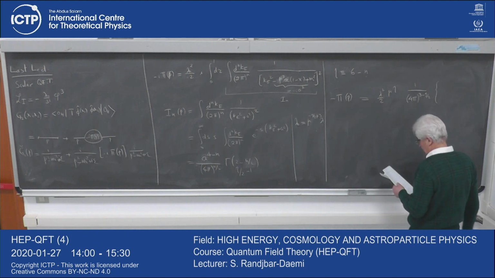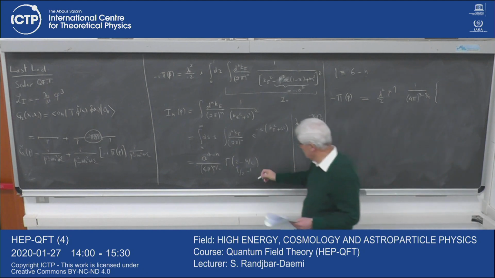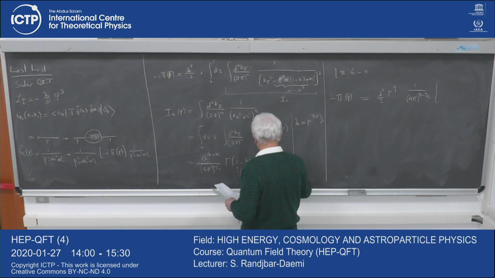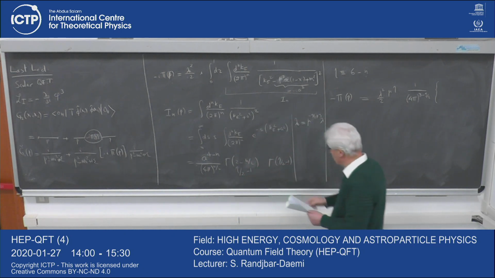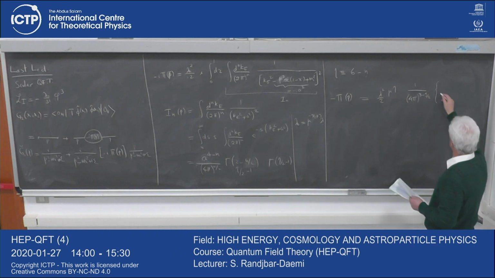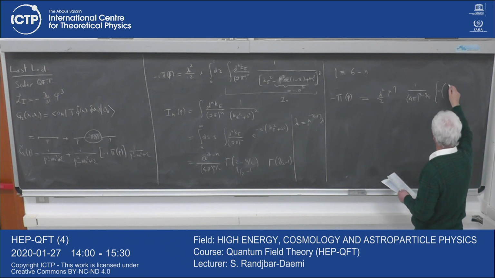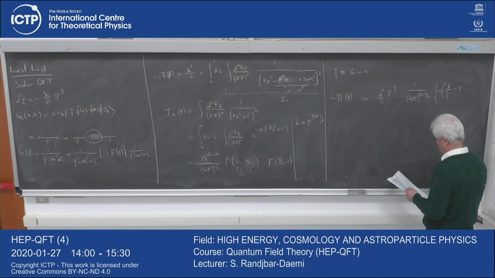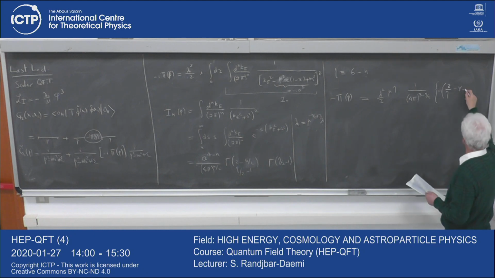Then we expanded the gamma. Here we have gamma of eta over 2 minus 1. We gave a formula. That formula for our case starts with a minus sign. Therefore, there's a minus 1. Then there is a singular term, which is 2 over eta. There is a constant called Euler constant, plus 1.